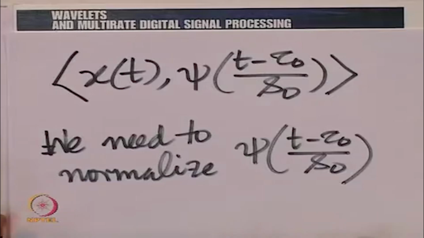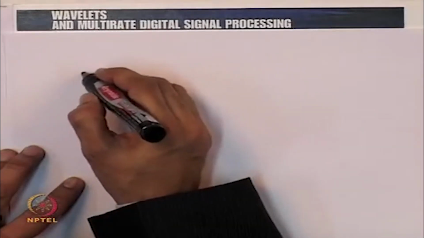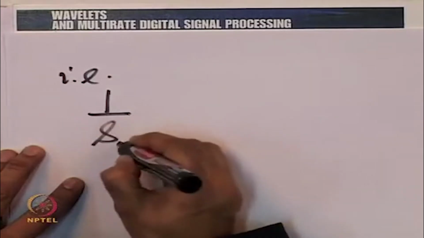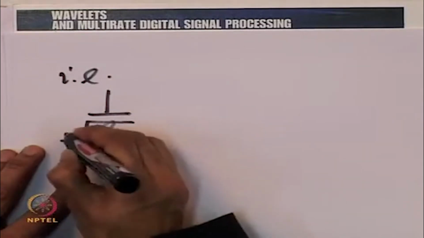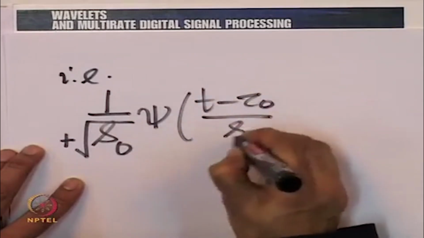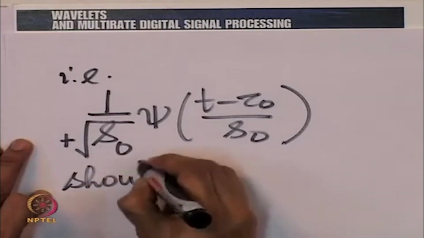And that I leave to you to prove can be done by multiplying by a factor of 1 by square root of S 0. So, if we take 1 by S 0 positive square root times psi of (t minus tau 0) by S 0, then it is normalized.